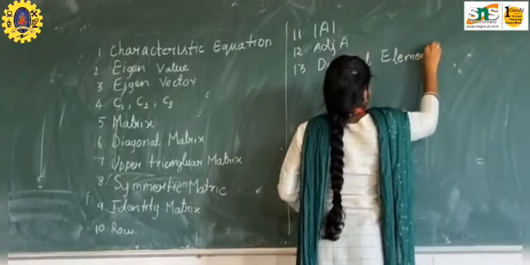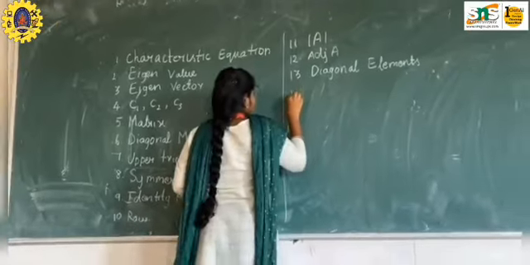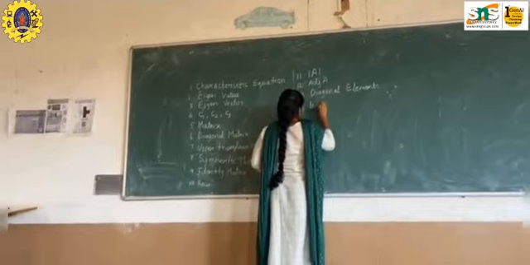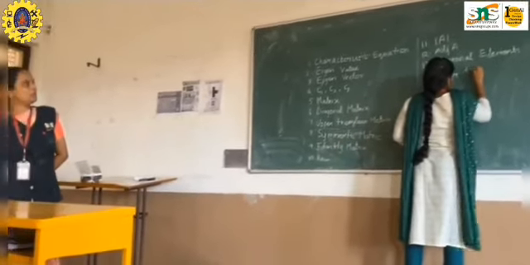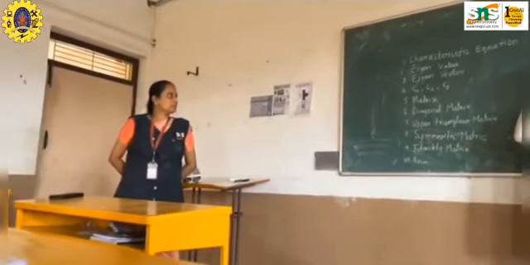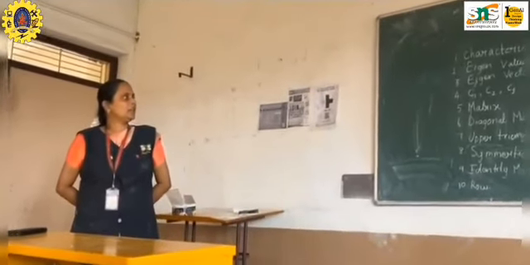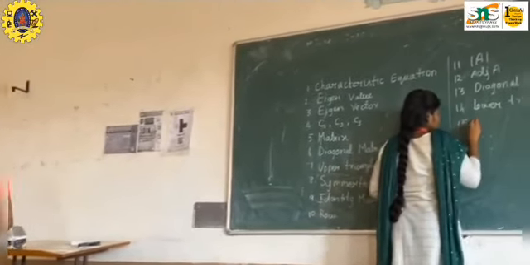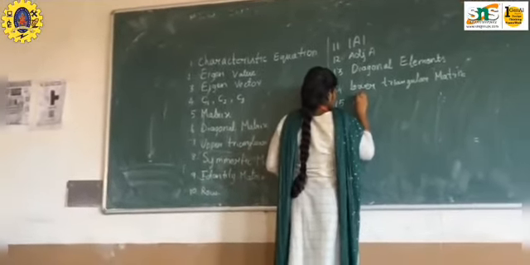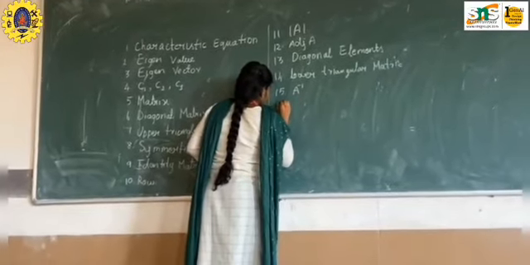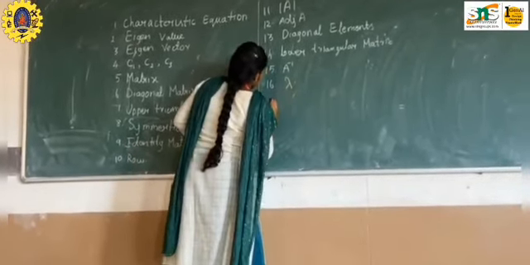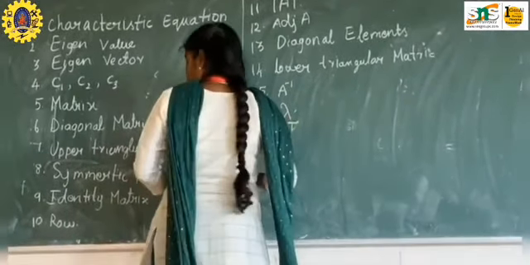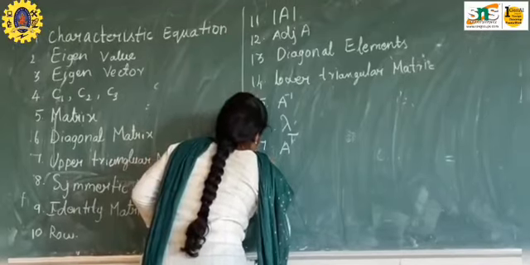Lower triangle matrix. A transpose. A inverse. Lambda. Normalized, minor matrix.